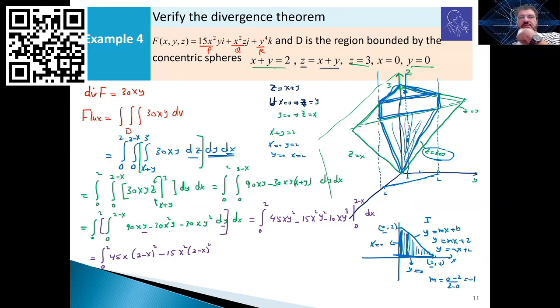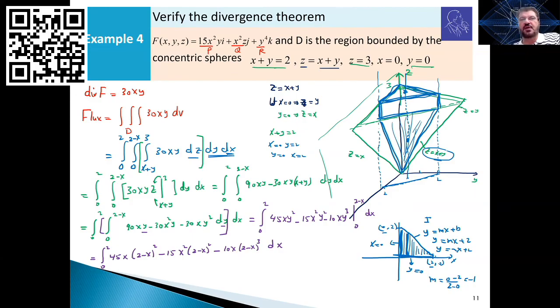Then y squared over 2, correct. Then minus 10x times (2 minus x) cubed. Now if you place y as 0, that's 0, and this is now dx.